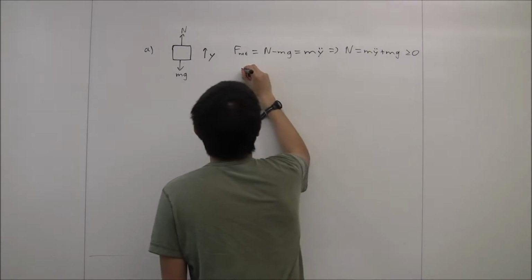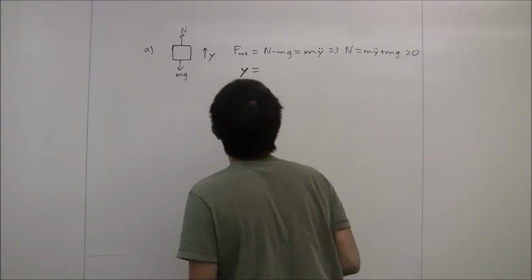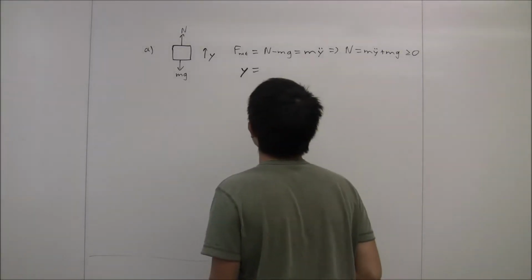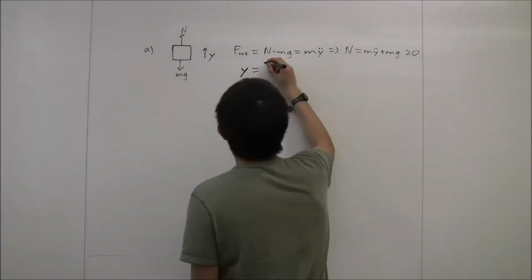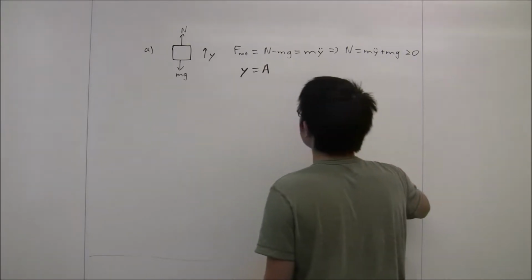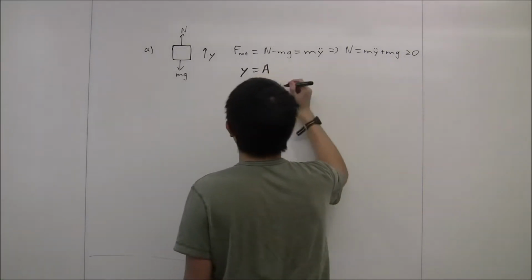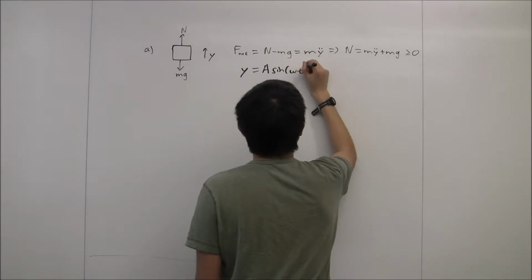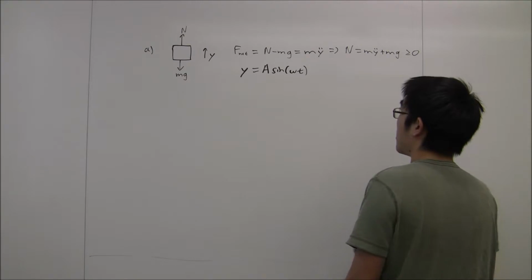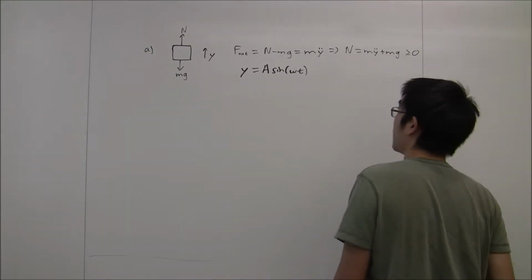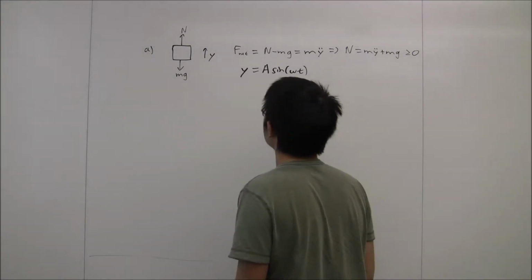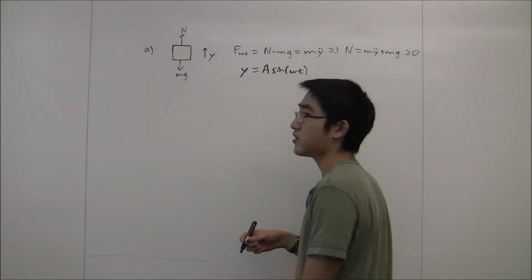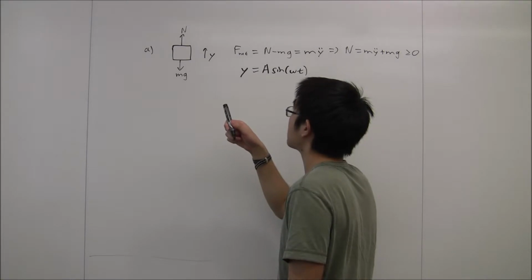We know that it's simple harmonic motion, which means its motion is governed by a trig function. Its amplitude is big A, so we can write its equation of motion as y equals A times sine of omega t. This gives the vertical position of the block, where we've taken y equal to 0 at the midpoint of the block's motion.